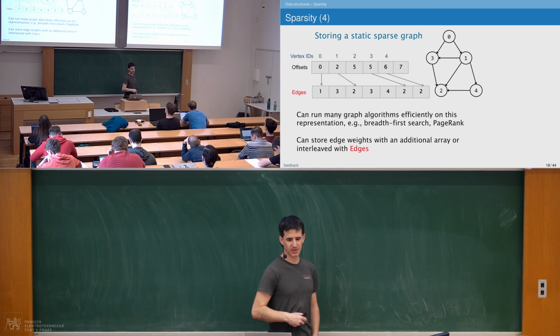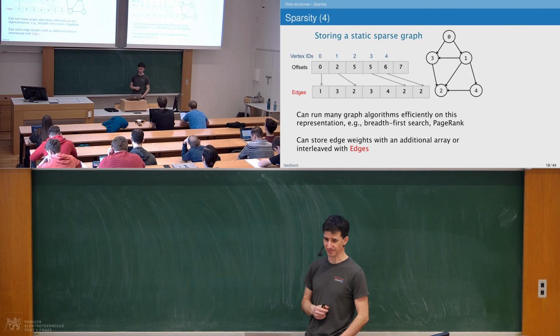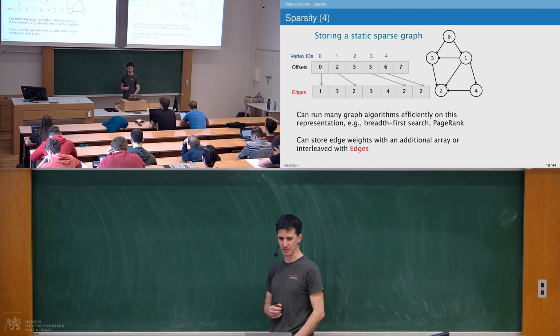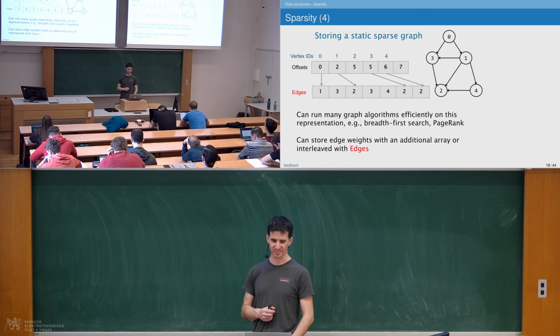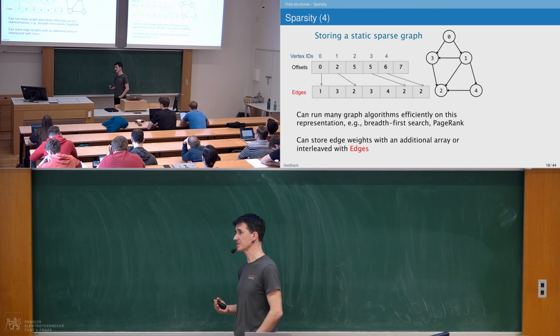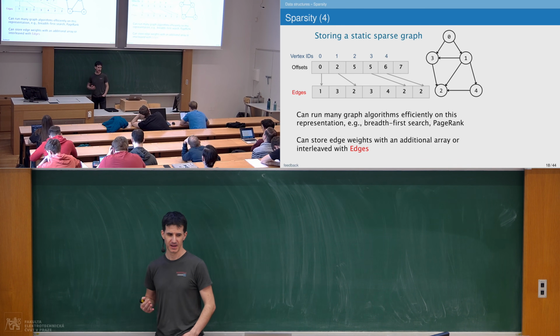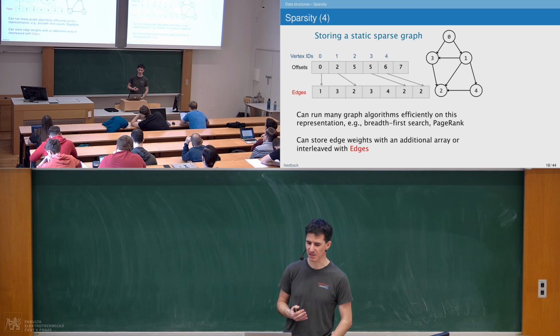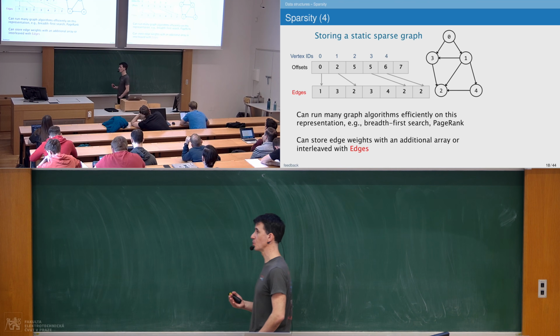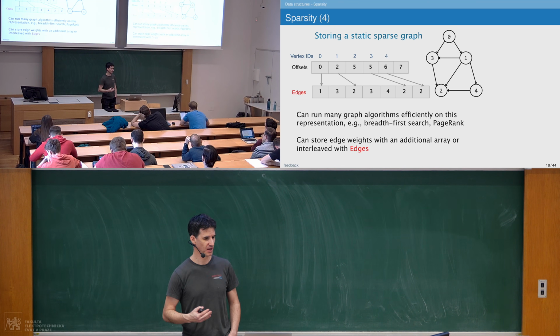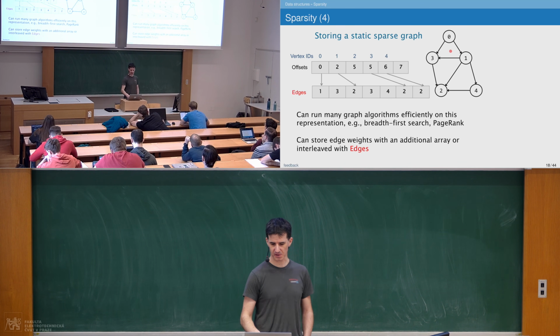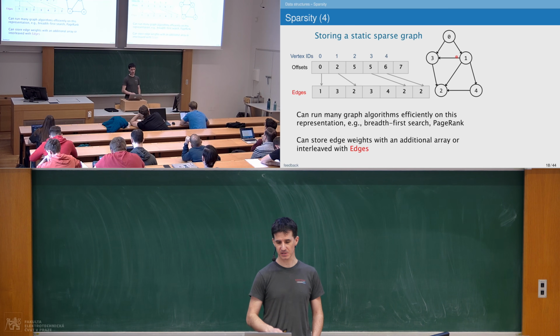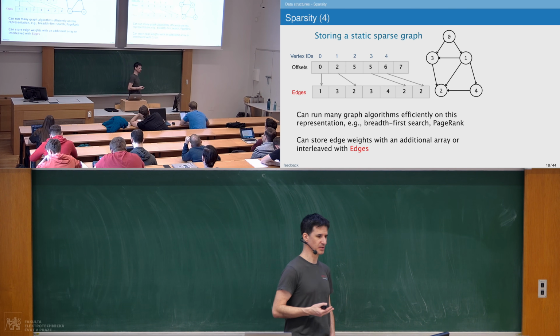Another example of this sparsity exploitation technique is how to store a graph data structure. If you have a graph like this with nodes and edges, there are many ways this can be stored.